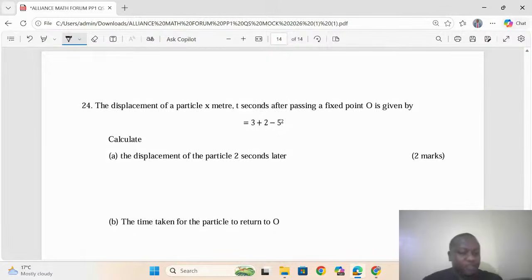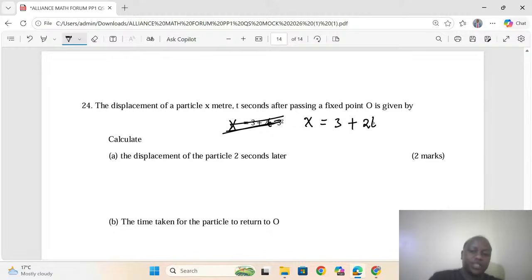Now, the displacement of a particle x meters, t seconds after passing a fixed point O is given by x equals 3 plus 2t. Let me write the equation afresh: 3 plus 2t minus 5t squared.